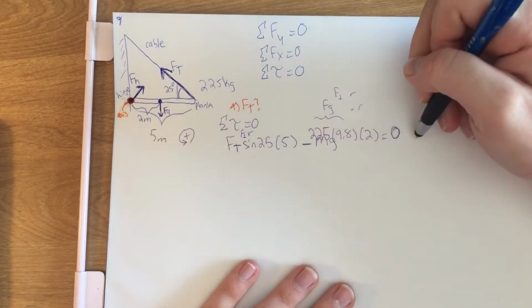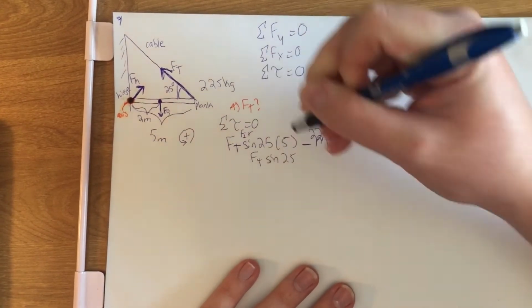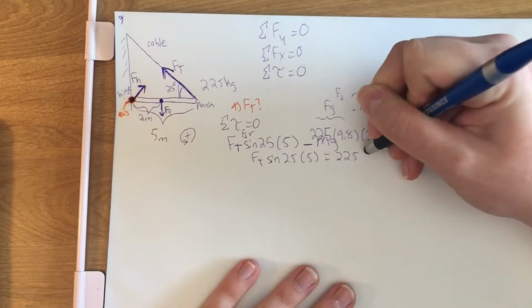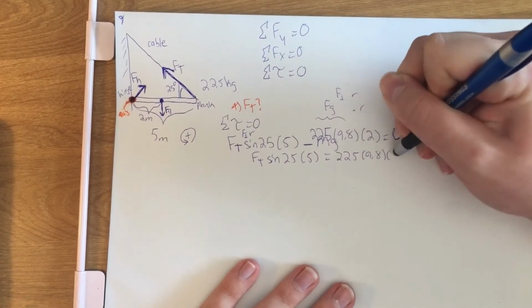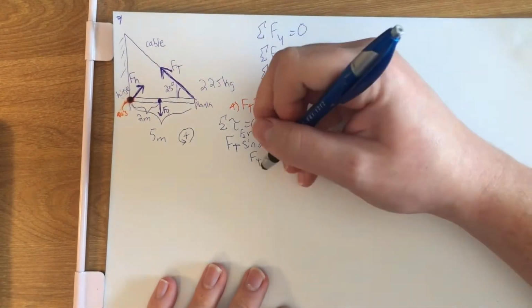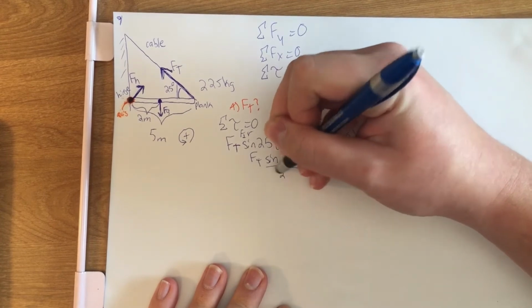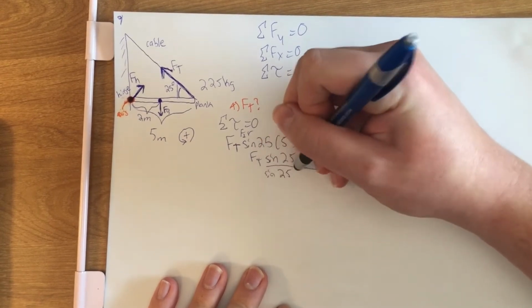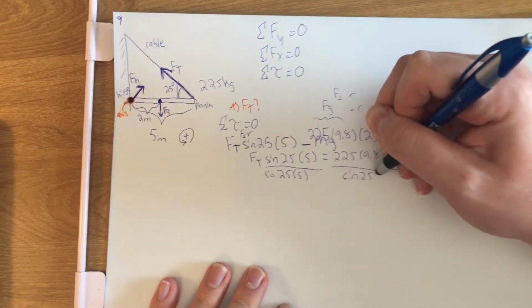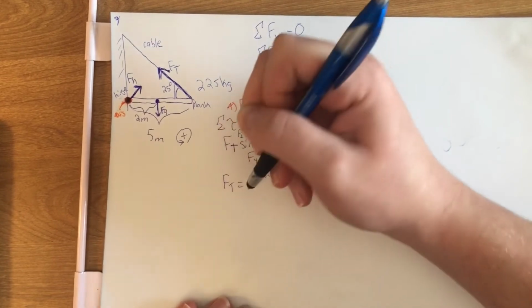So I can just add this over. I have force tension sine 25 times 5 equals 225 times 9.8 times 2. Solving for force tension, divide both sides by sine 25 times 5. Let's type that in our calculators. I encourage you to do the same.